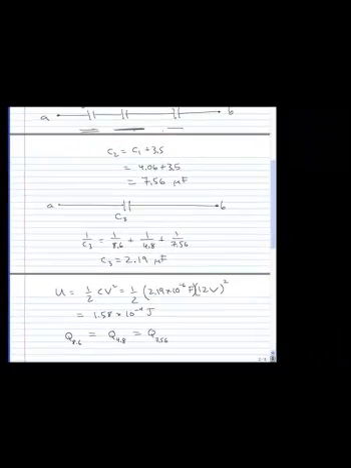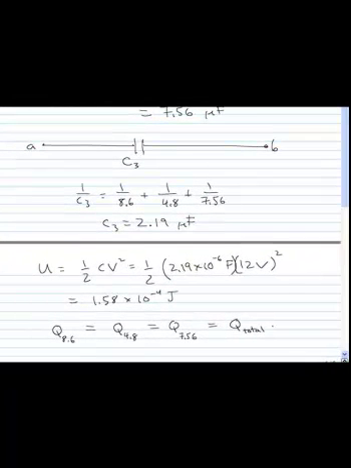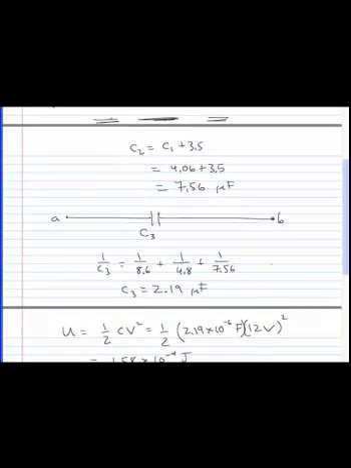The charge on every one of these capacitors has to be the same because they're in series, and that has to equal Q total. So I can find Q total because I know C total is 2.19 microfarads, and I know the voltage across that whole thing.